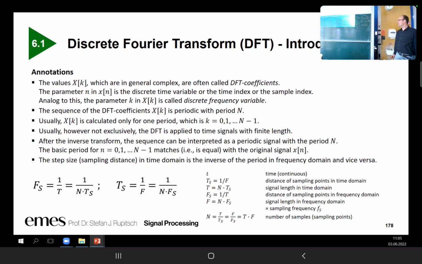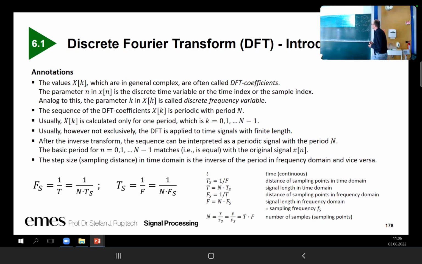What's the upper frequency limit? 10? 1? 1 kilohertz? 10 kilohertz? Who is trusting your colleague? Ah, yeah, 10 kilohertz. Okay, then I write it down and we will discuss it.